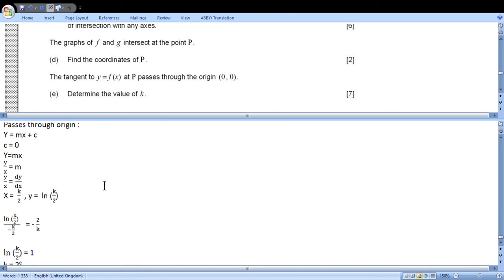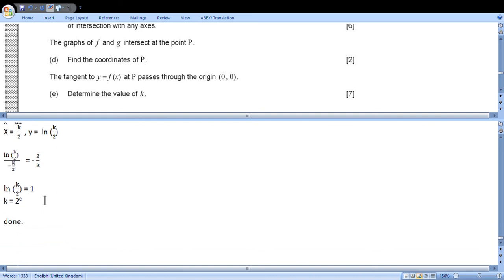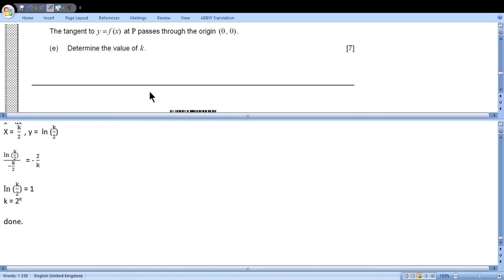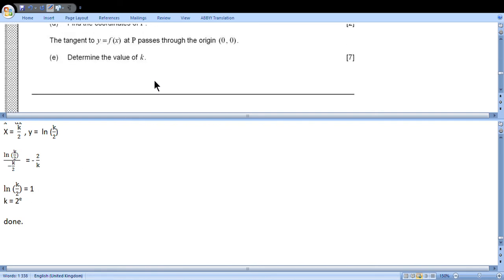So we substitute the values at point P, and from this we find that k equals 2 to the power e. Paper is over. Thank you for your attention.